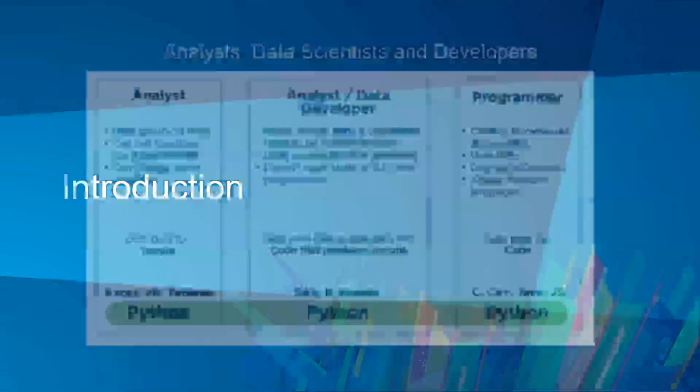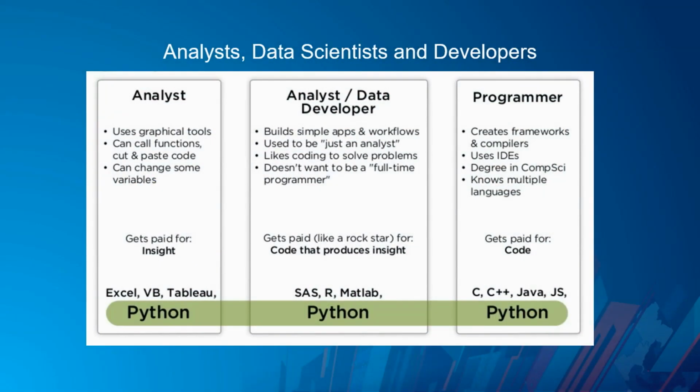So we're going to start with the introduction, and we're going to talk about this issue that's out there. You have analysts and developers and programmers, and they all cover various aspects of workflows.